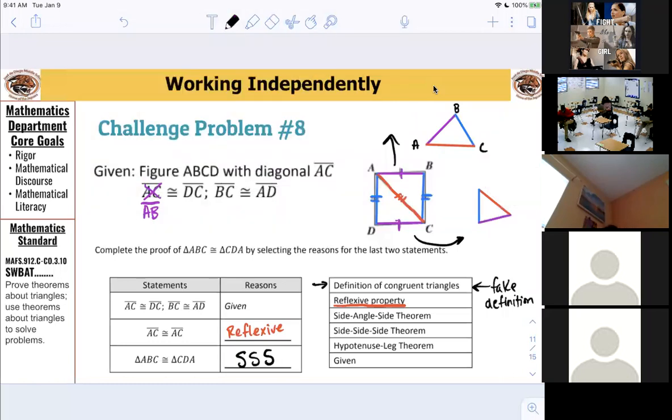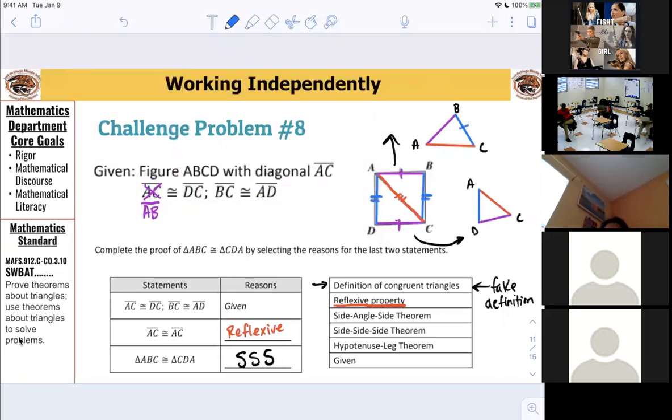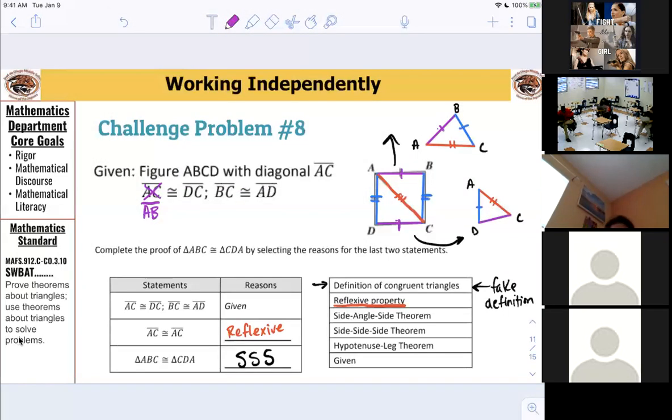So that's A, D, C. The only thing I know about these two triangles from the information they tell me in the problem is that BC is congruent to AD, AC is congruent to itself, and then AB is congruent to DC.